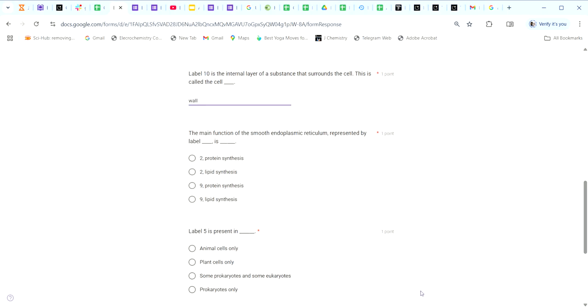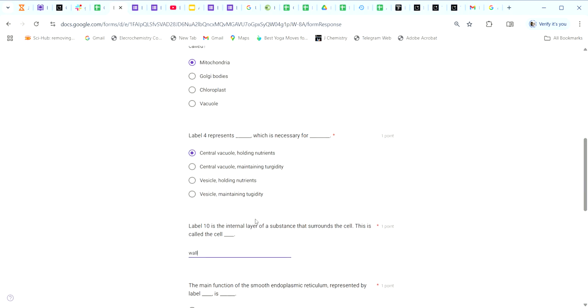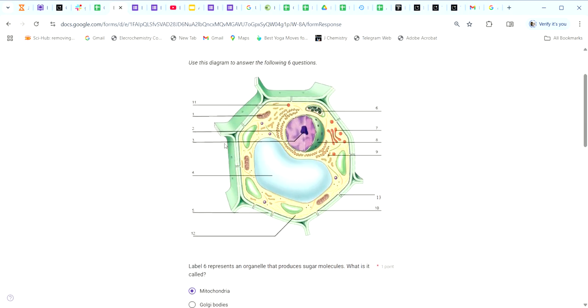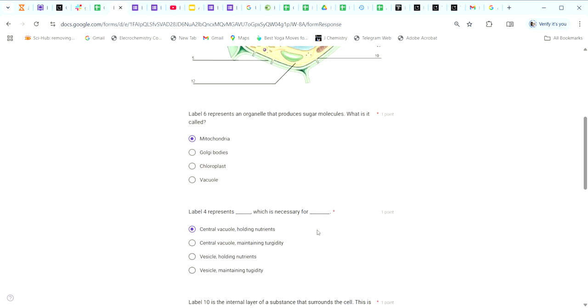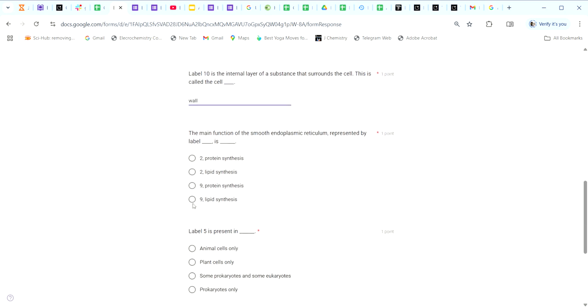The options are 2 and 9. 2 is not smooth. 9 is smooth, so this will be 9, that is lipid synthesis.